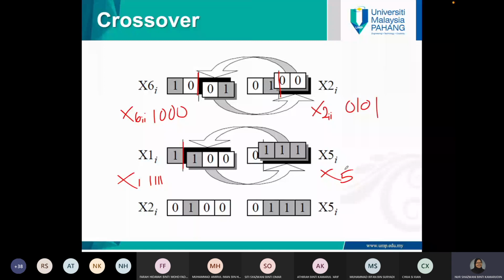The new x5 is 0100. Okay, all right. X2.